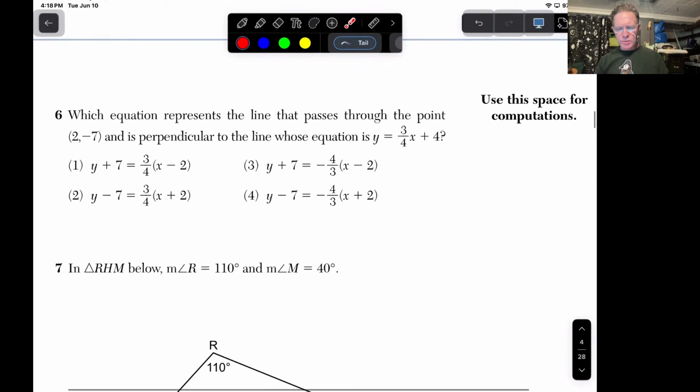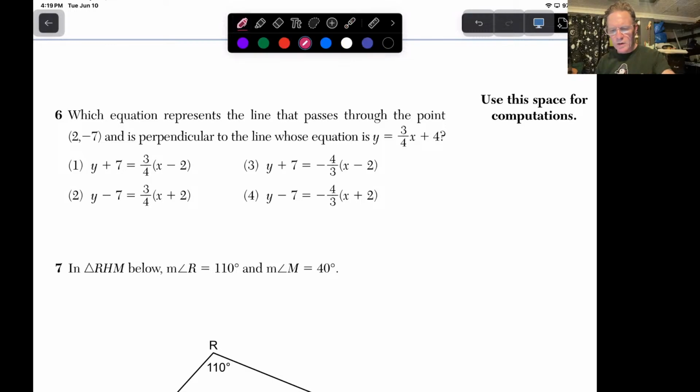All right, which equation represents the line that passes through the point (2, -7) and is perpendicular to the line whose equation is y equals 3/4 x plus 4? All right, well, first of all, we should eliminate some answer choices, right? Because we know this is perpendicular.